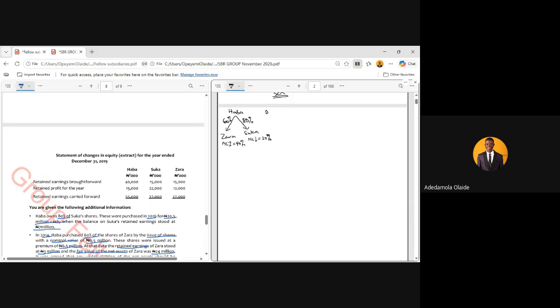It doesn't matter how you arrange it. If you put Suka here and Zara here, it's not an issue. Just don't mix up their information. The date of acquisition of Zara is 2014. The date of acquisition of Suka is 2016. The date of consolidation is 31 December 2019. Any question at this point?